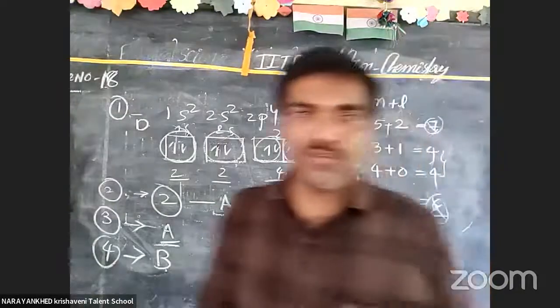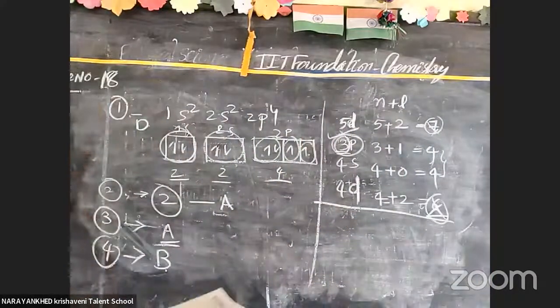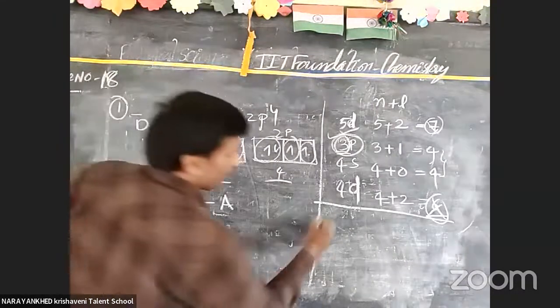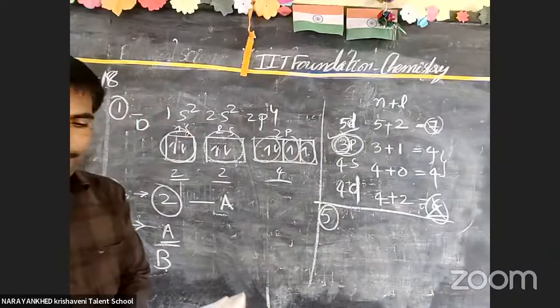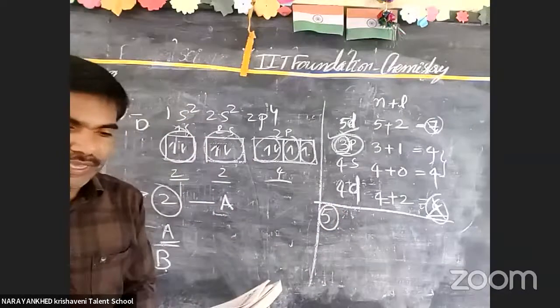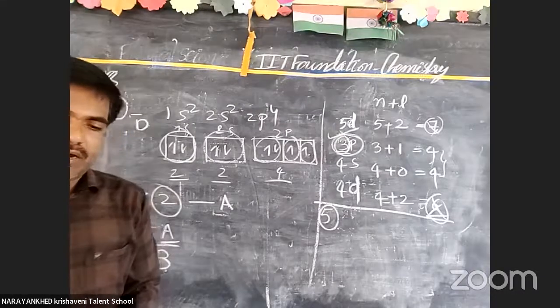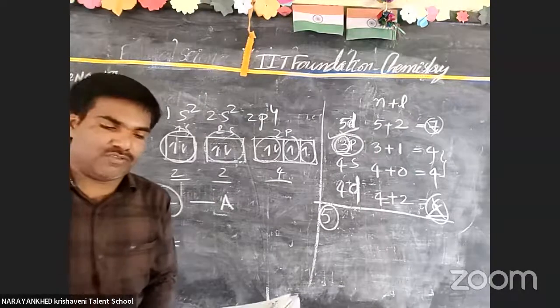Next, after this, there is a fifth question. If ms is equal to minus 1/2, the spin of the electron in an orbital is considered as counterclockwise.